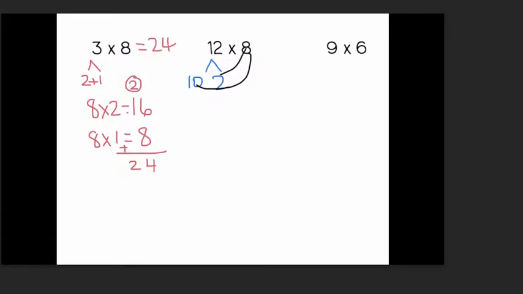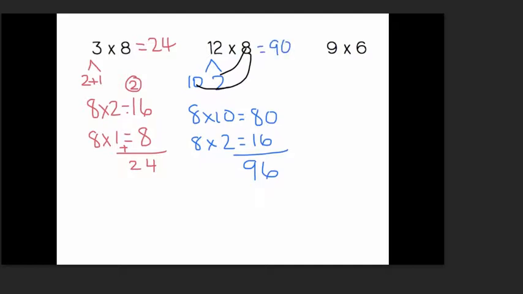And say 8 times 10 is 80, and 8 times 2 equals 16. So altogether, I know that my product will be 96. The cool thing about decomposing is that it also promotes mental computation. These are things that kids could potentially do in their head as well as on paper.